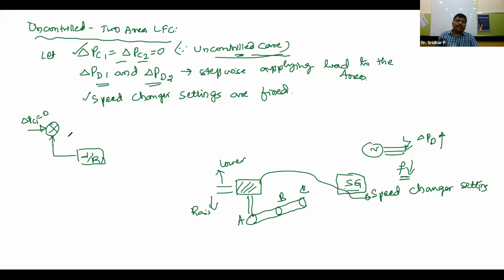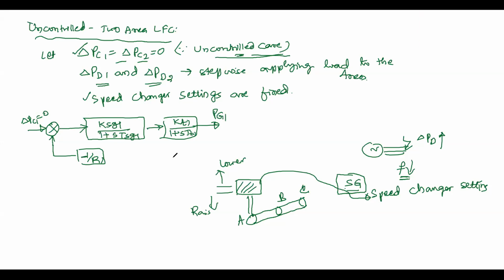So I am keeping it to this point. Then the speed governor KSG1 by 1 plus S TSG1, and then it is given to KT1 by 1 plus S TT1. The output is the PG1 value.